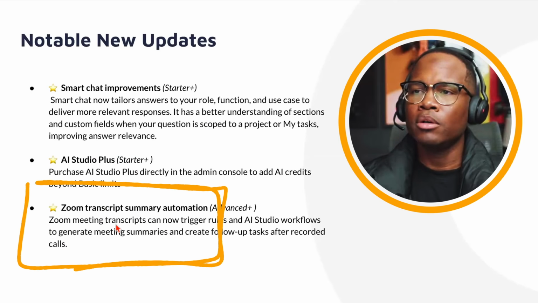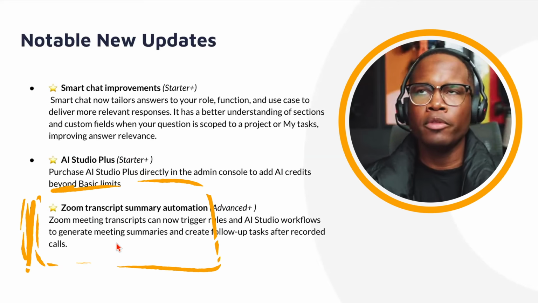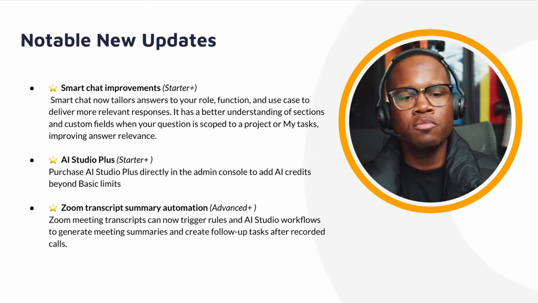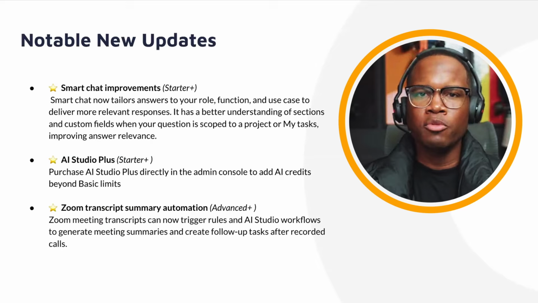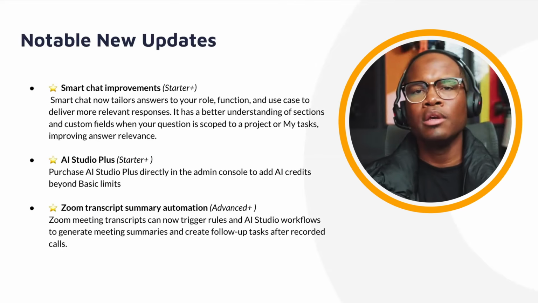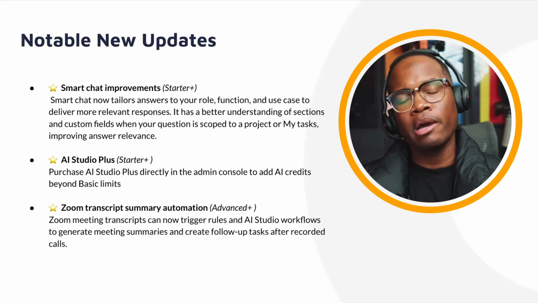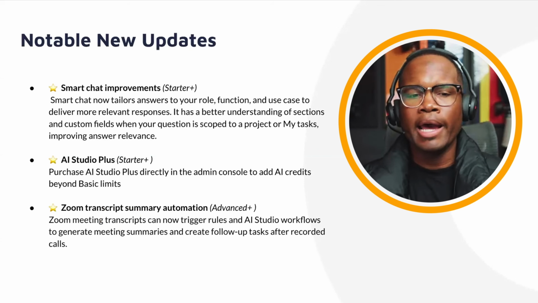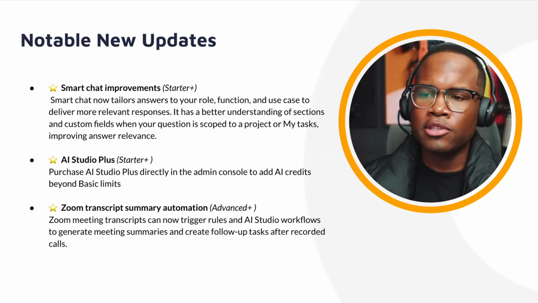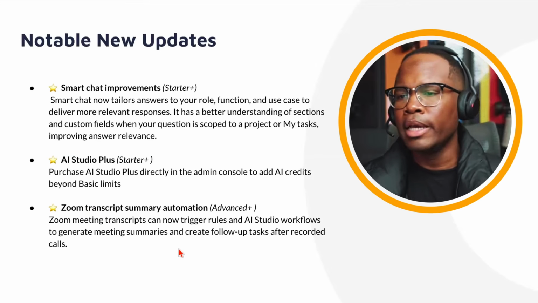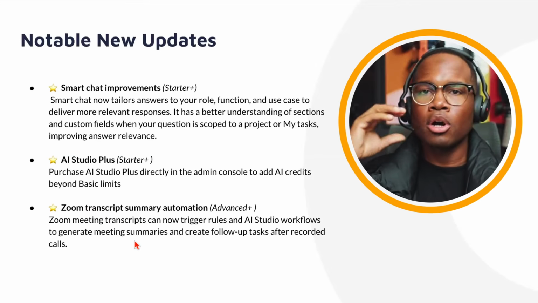My third and final notable new update is Zoom Transcript summary automation. So there was a deeper partnership with Zoom that was announced a few months ago now. What this allows us to do is when Zoom is connected to a project and a task, your action items can automatically go into that project. But now we've taken it a step further where you can reference that Zoom integration in your AI Studio workflows to generate better summaries and create follow-up tasks after the call was recorded.